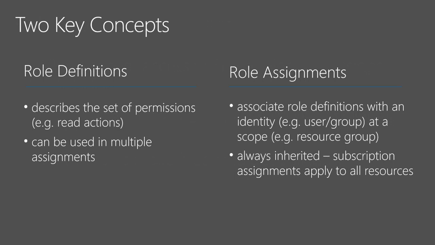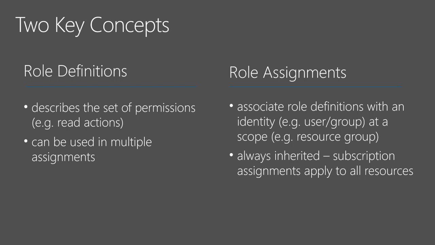There are two main concepts we have to understand before we can effectively use RBAC. Number one is the role definition. The role definition describes the set of actions that someone who has this role assigned can perform. This could be read actions, read and write actions, or read, write, plus granting permissions to other folks on those resources.